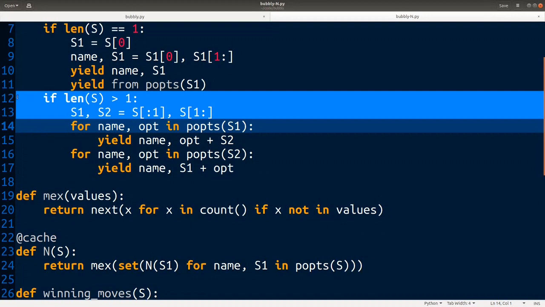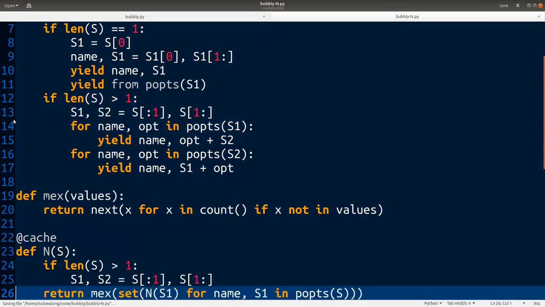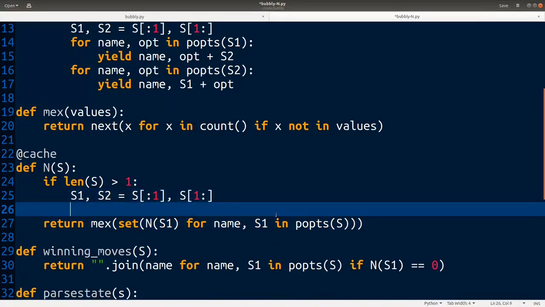And then if it is, then we'll break it into these two smaller states. Okay, and we want to return Nimber of S1 XOR the Nimber of S2. And this caret is the Python symbol for XOR.